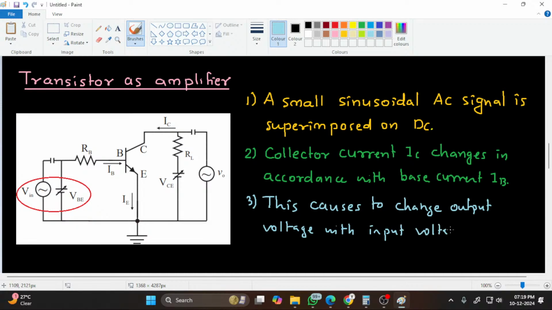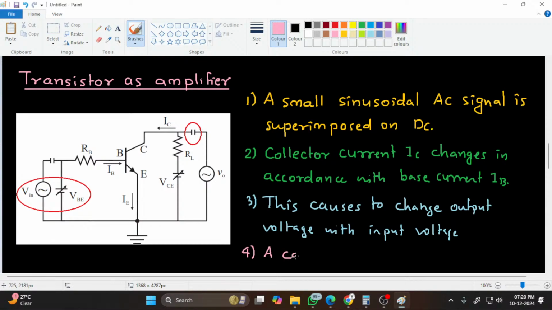So as the current is directly proportional, output voltage is also directly proportional to input voltage. Then this capacitor blocks any DC component which can be present in the output.